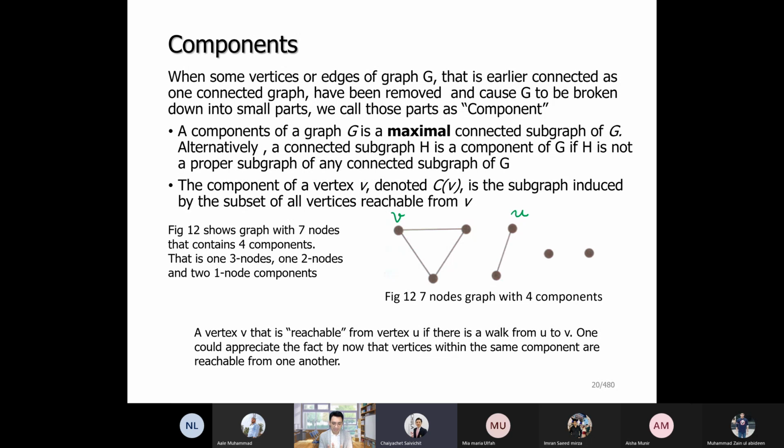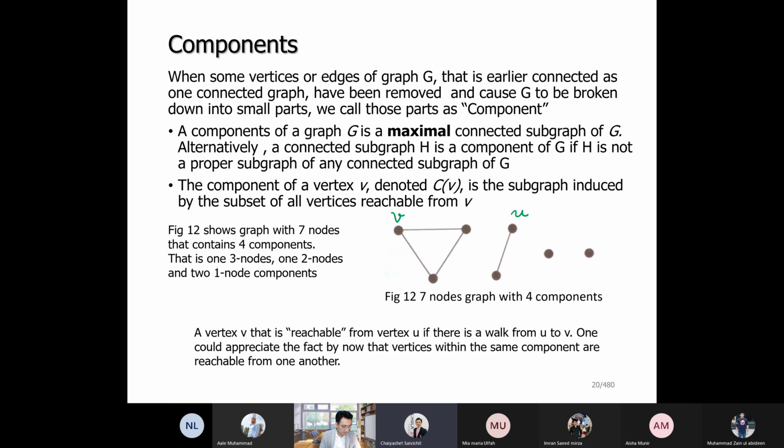But if we assign the edges as arcs, we surely see cases where we might not be able to reach another node if we don't have the arrow linking towards that node. In the undirected case, we should have a walk from one node to the other if they are connected in one component. If you are on different components, you will not be reachable to one another.